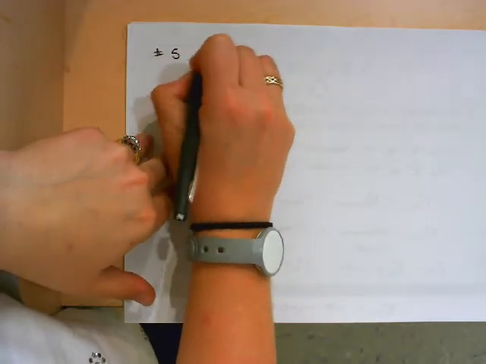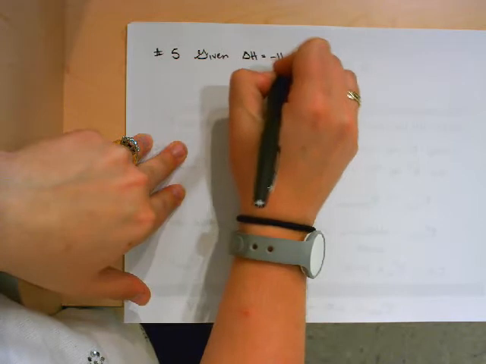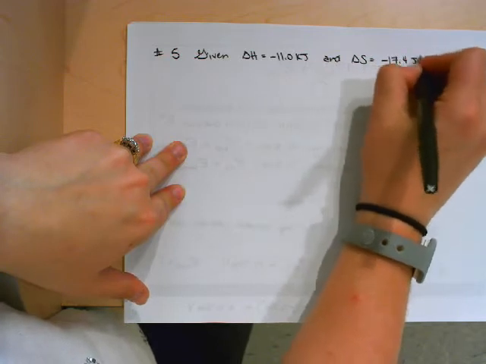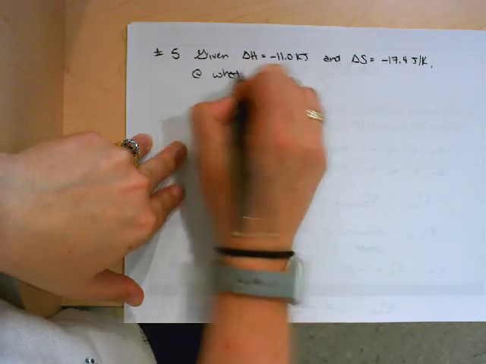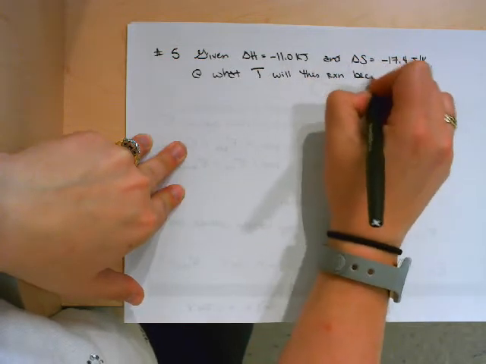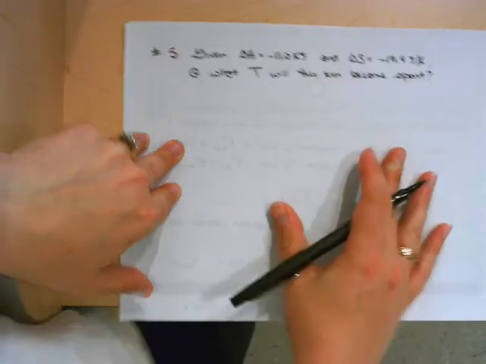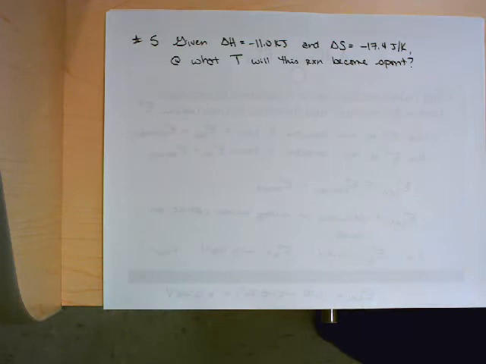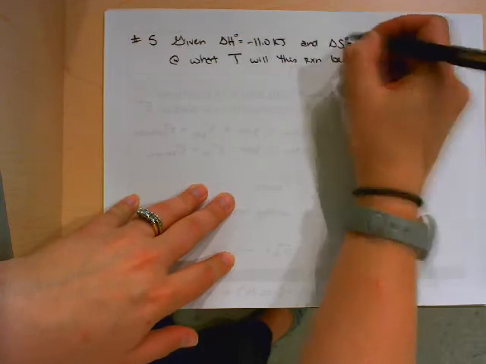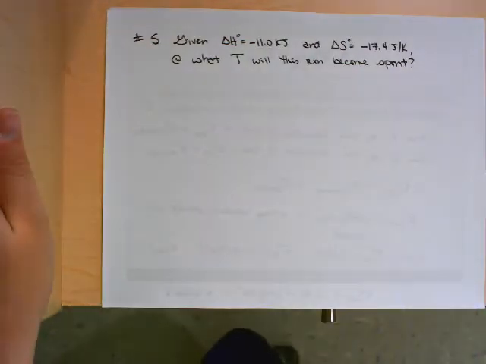Alright, let's take a look at 5. Alright, so given delta H is negative 11 kilojoules and delta S is negative 17.4 joules per Kelvin, at what temperature does this reaction become spontaneous?